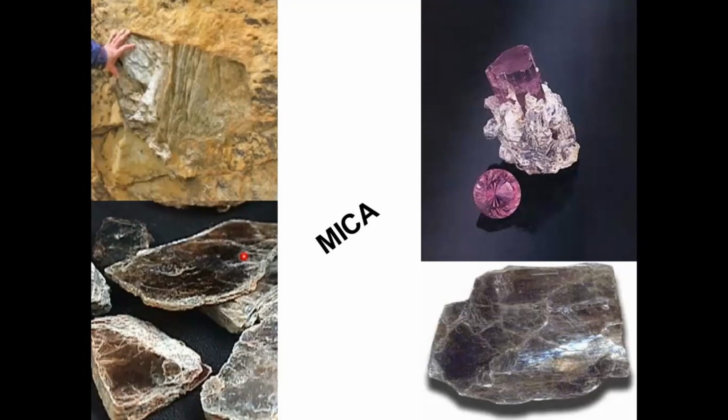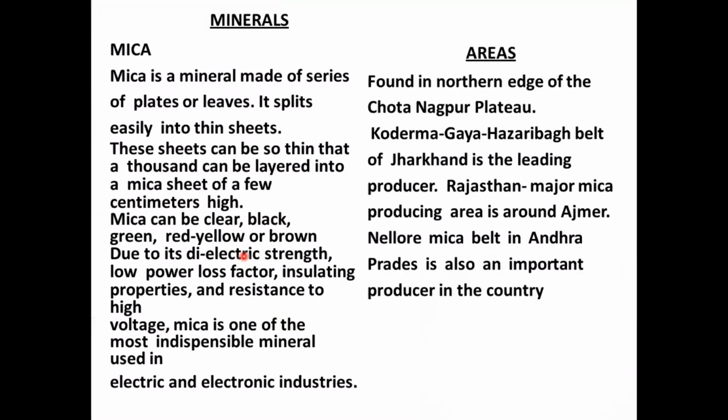Mica in India is produced in Jharkhand, Andhra Pradesh, Telangana, Rajasthan, followed by Tamil Nadu. You need to understand that it has dielectric strength and is a bad conductor of heat and electricity, and that's why it is used in the electronic industry.